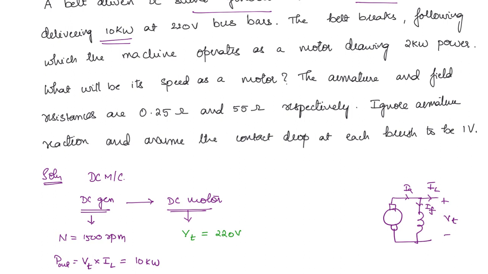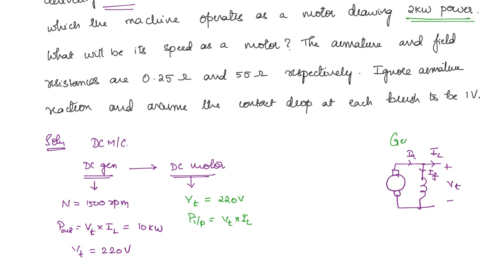Next, it is drawing 2 kilowatt power. So that means input power, this will be same, Vt into IL, because this was the generator mode. What will be the motor mode? This circuit is going to remain same. It is now going to draw current. So we will name this as IL1, this is IL2, IA1, IA2.